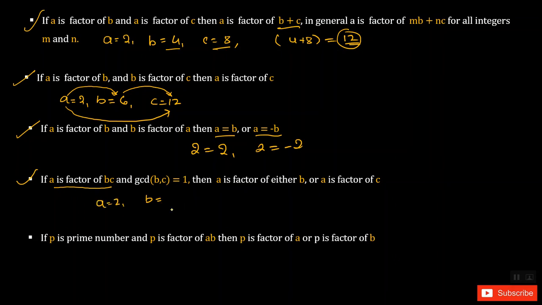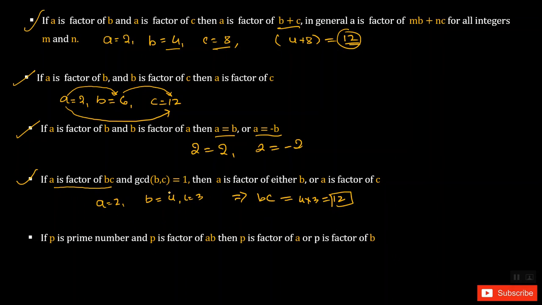A is 2, B is, let's take 4, and C is, let's take 3. Now, B times C here is 4 times 3, that is 12. In this one, A is either a factor of B or a factor of C.